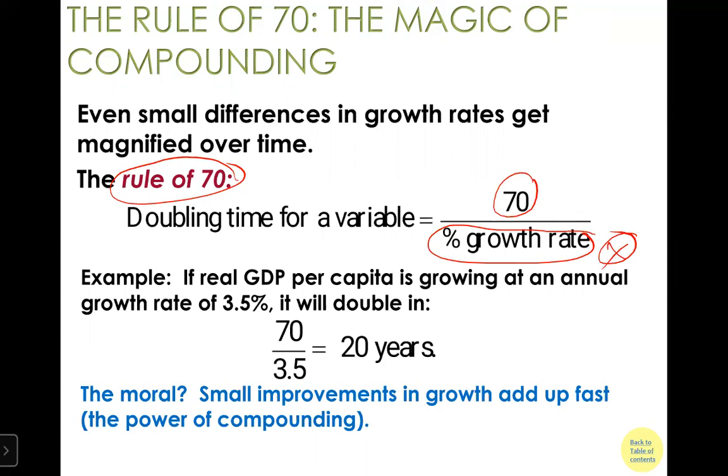Look at the example. If a country grows by 3.5% per year, it's going to take 70 divided by 3.5, which is equal to 20 years, to double its GDP.